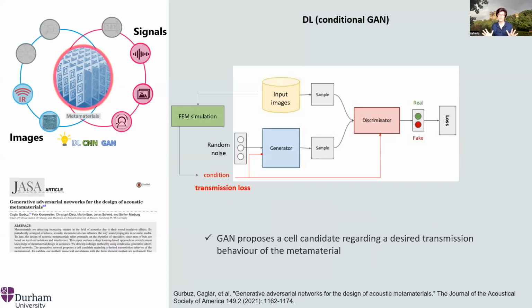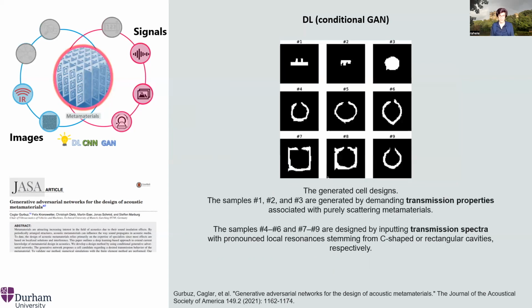So this is the whole story that was done. The GAN proposes a cell candidate regarding the desired transmission behavior of the metamaterial that we are looking for. And if you take a look into the outputs, you can see that generated cell designs have the transmission properties that were desired for the network.